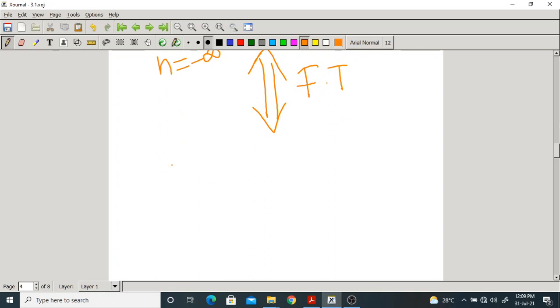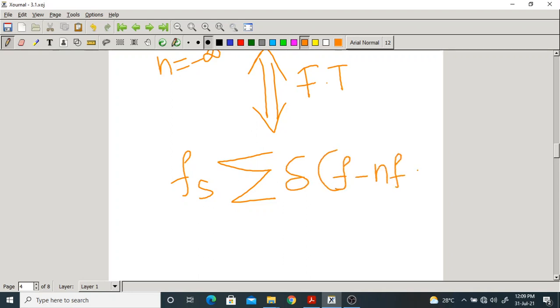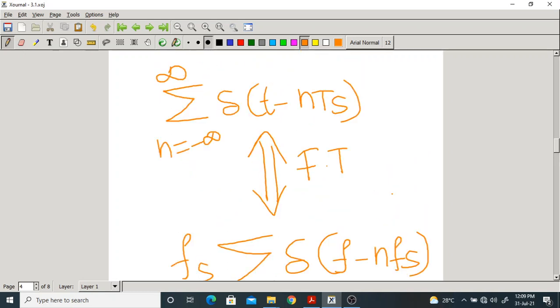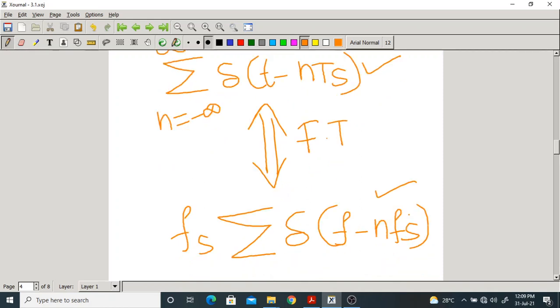That is one of the important Fourier transform pairs you must remember: summation delta of f minus nfs. So if you take the Fourier transform of a train of impulses, again you get a train of impulses.